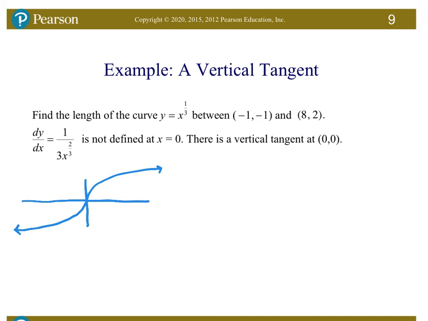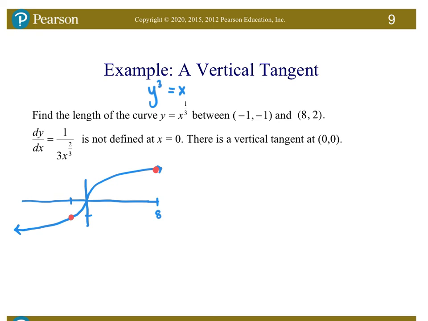So we're going to integrate this in terms of y instead. Going from (-1, -1) and then out to (8, 2), so that would be out here. We just would want to think of this in terms of y instead of in terms of x. And so we will change our equation, and our equation would be x equals y cubed.